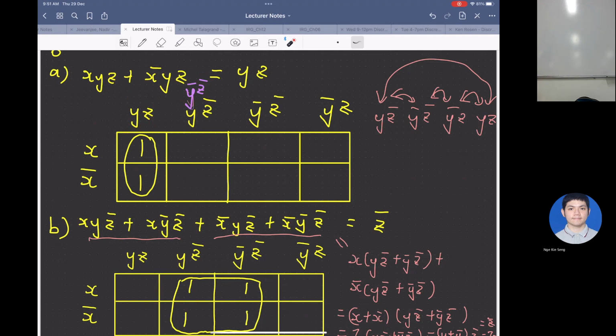Yeah, the adjacent cells must only differ in exactly one literal, but this one differs in two literals. So you need to make sure the adjacent cells only differ in exactly one literal.